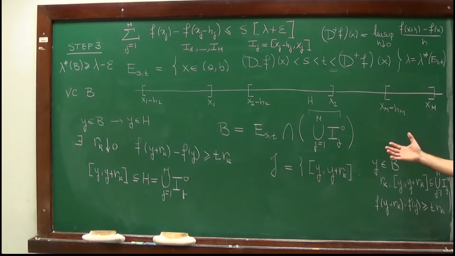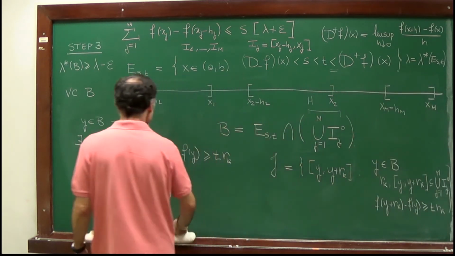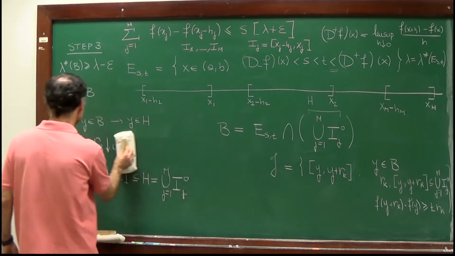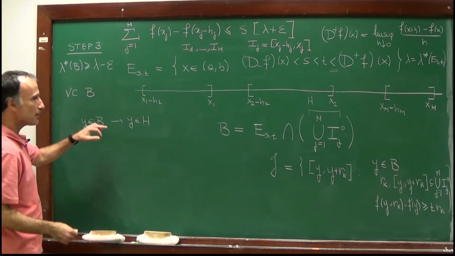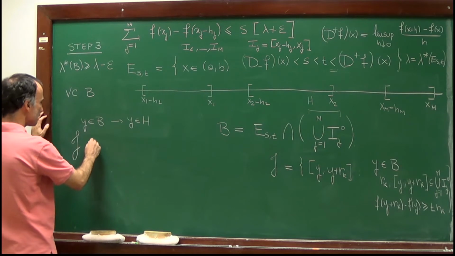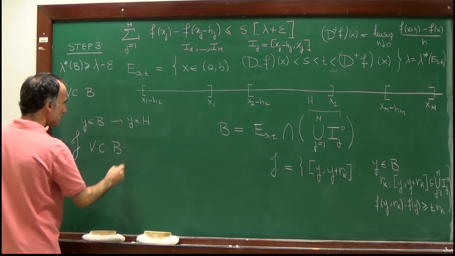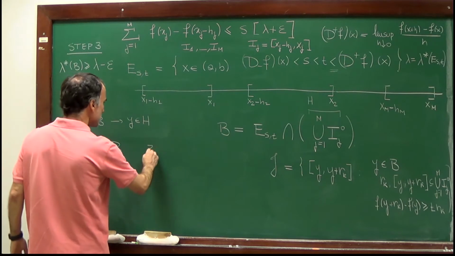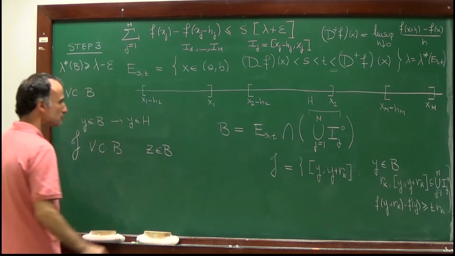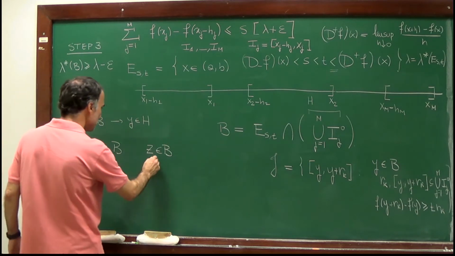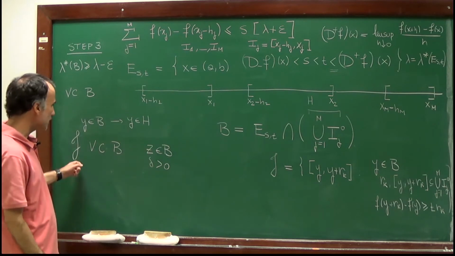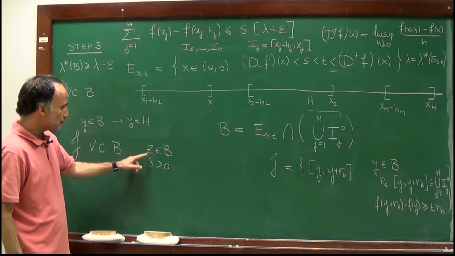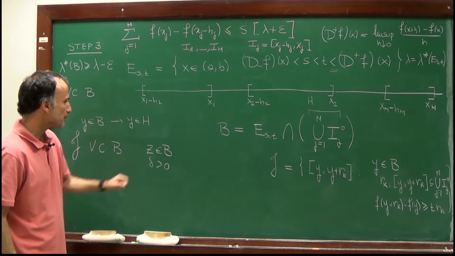And what I claim is that J forms a Vitali covering of my set B. So let me prove that. To prove that, take a point z in B, and take a delta positive, and we need to find an interval which belongs to my family J, which contains z and whose length is smaller than delta.